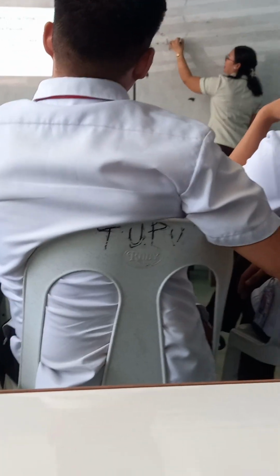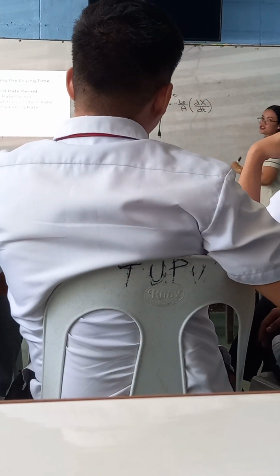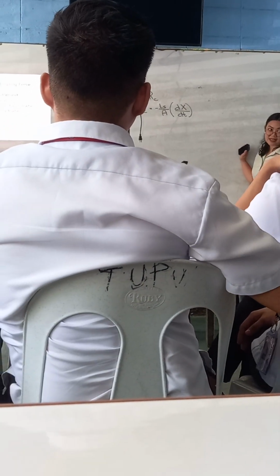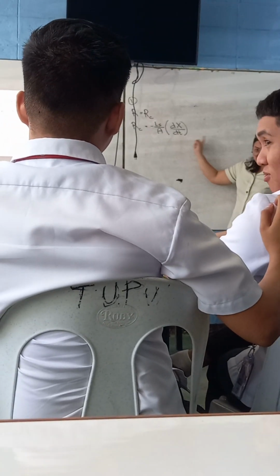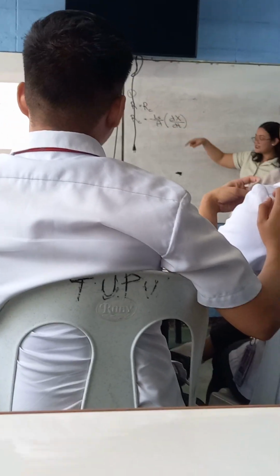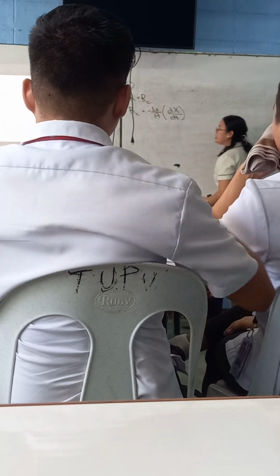RC is equal to negative LS over A times dx over dt. Now, ang question again is how to estimate the time. So, ang ating target is to transfer this dt sa left side, sa equation. Sige, let's do that. Transfer dt sa piyak.